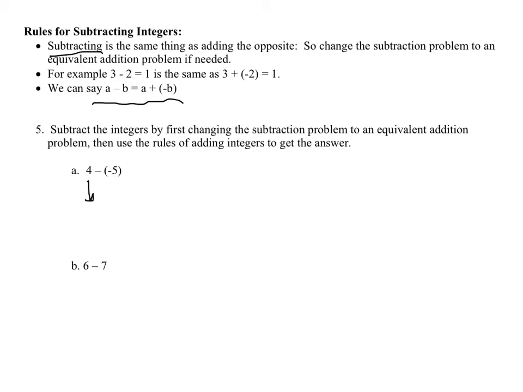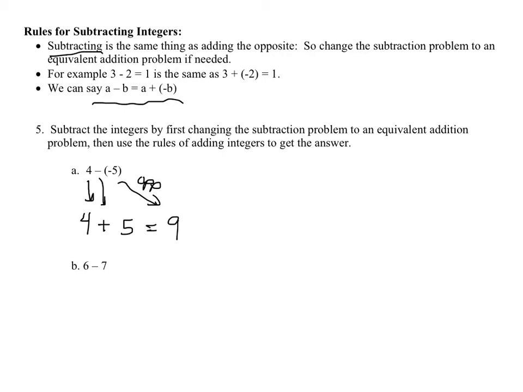We keep the 4 the same, change the subtraction to adding, and this last piece, we have to take the opposite of that number, which is 5, and we get the number 9. 4 plus 5 is 9. So you can think about it as having a subtracting and then a negative. Two negatives make a positive there.